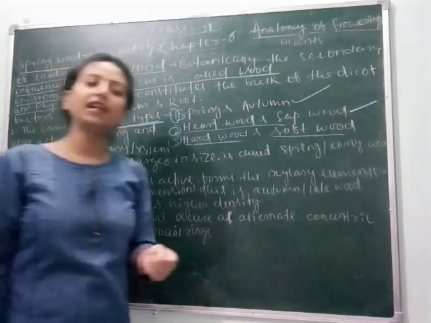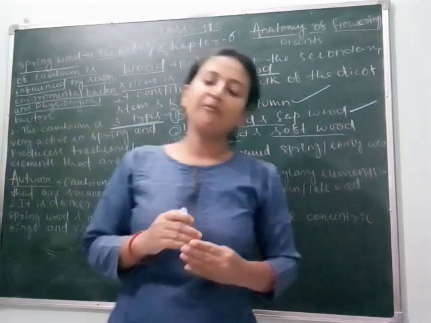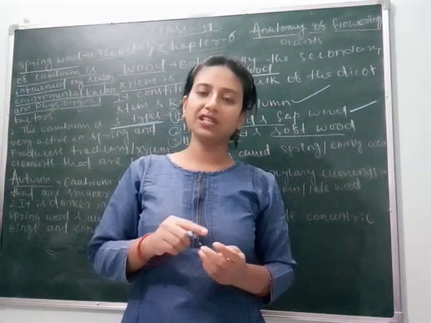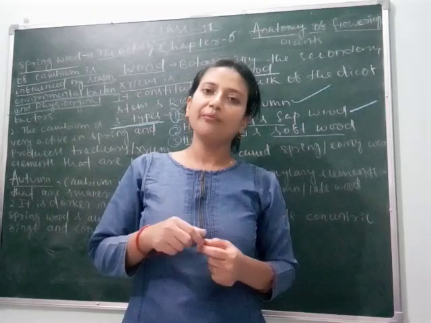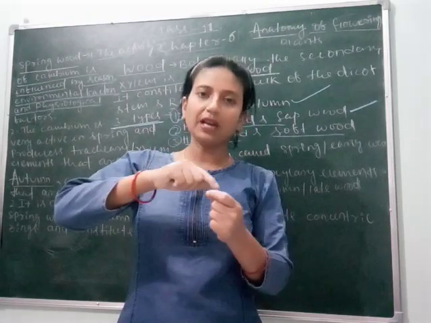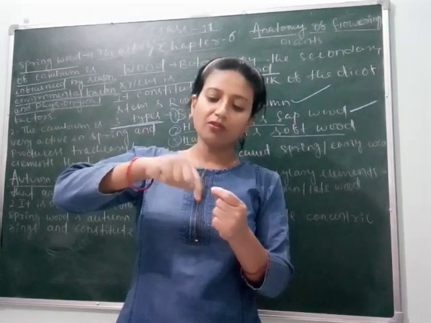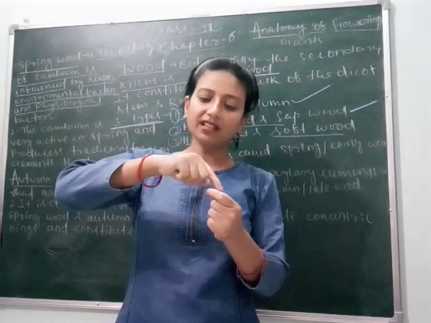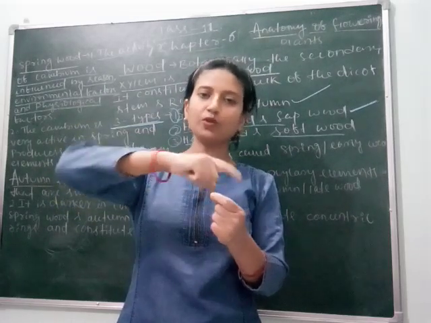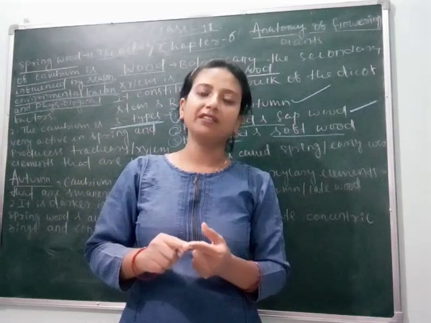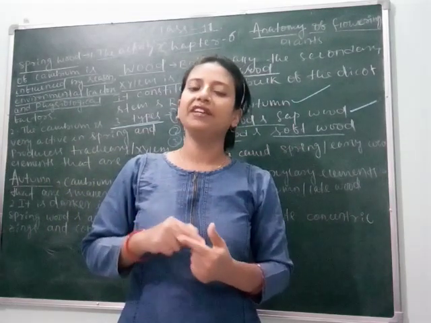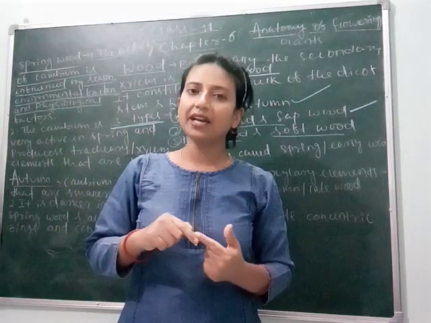Clear? Physiological factors means the cambial activity which you saw in the last class: formation of the cambium ring, which connects all the medullary rays and the vascular bundles through a ring. That is called cambial activity, and it depends on some environmental factors.